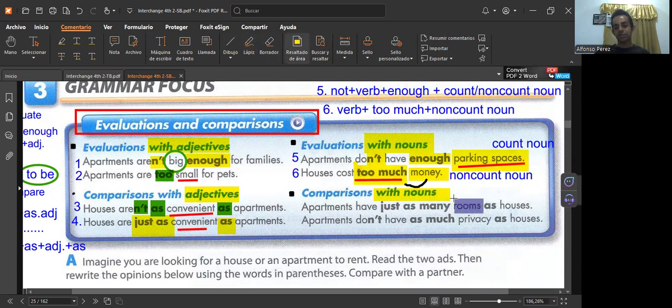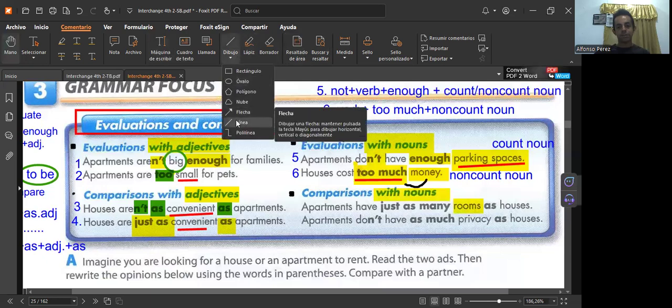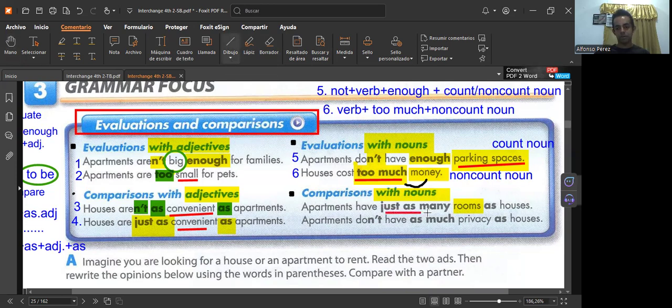Our noun is rooms here. And our structure is just as many, as.